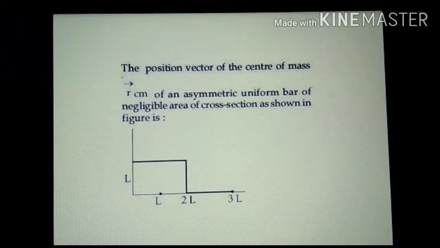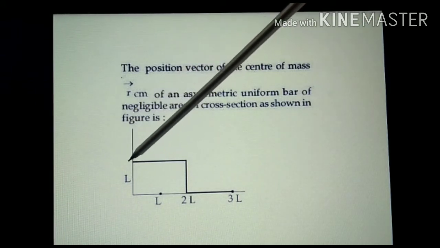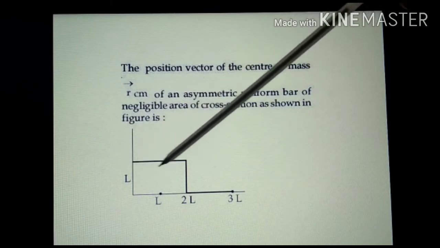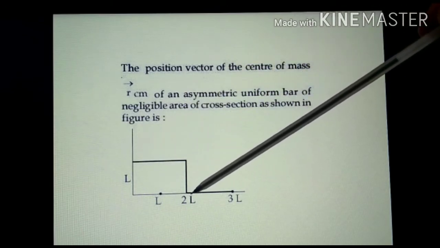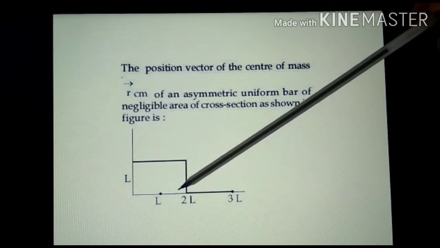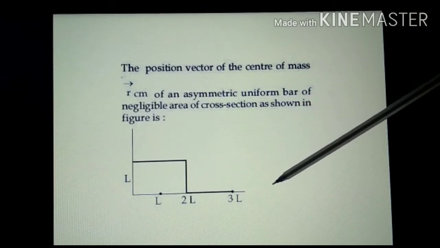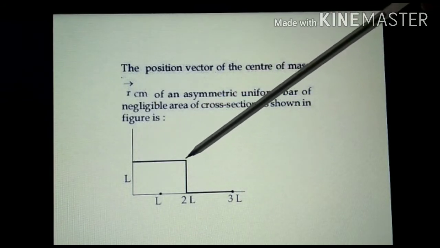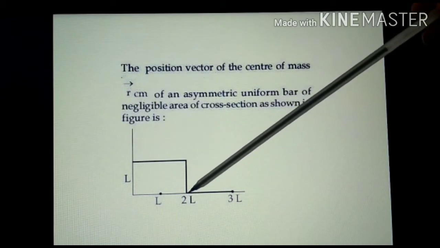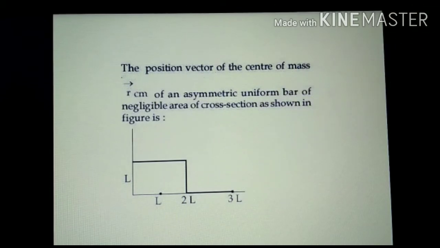So this bar has bent like this, from here to here 2L length, and downward also length is L, and after that on the right side 3L minus 2L, that is L. So total length is 2L plus L, 3L plus L, 4L.